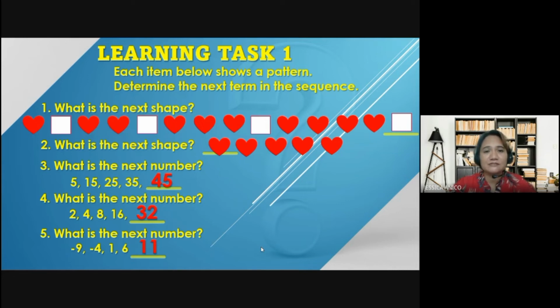Negative 4 plus 5 is 1. And 1 plus 5 is 6. 6 plus 5 is 11. Okay. So, if you got all these answers correct, then congratulations! You have understood the lesson last week about getting the next term of the sequence.